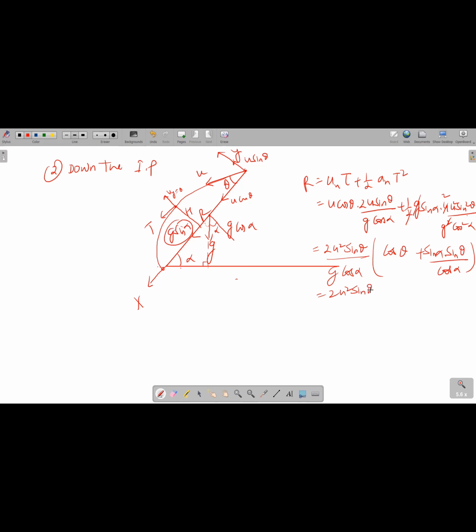Take LCM: 2u squared sin theta upon g cos alpha times cos theta cos alpha plus sin alpha sin theta upon cos alpha. So 2u squared sin theta upon g cos squared alpha, and this is cos A cos B plus sin A sin B, so that is going to be cos(A minus B), right? This is your range. Again, note it down quickly.